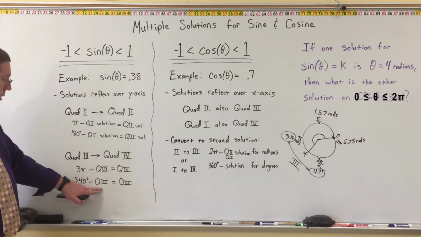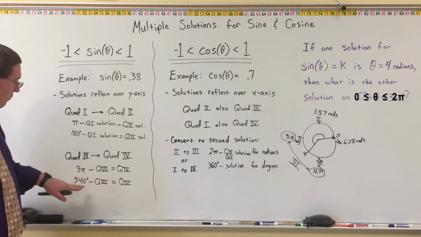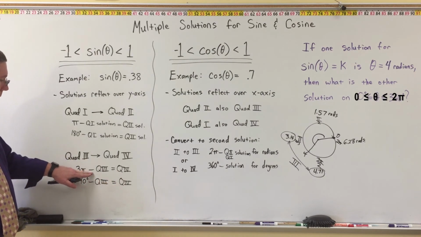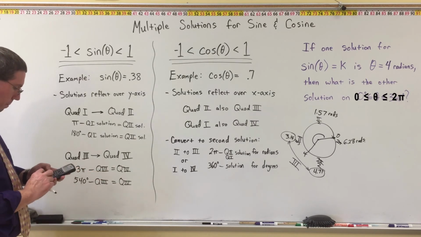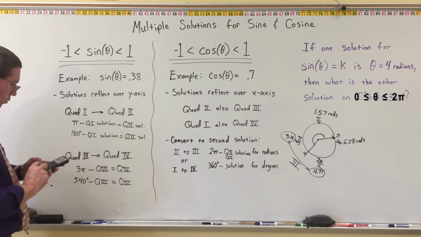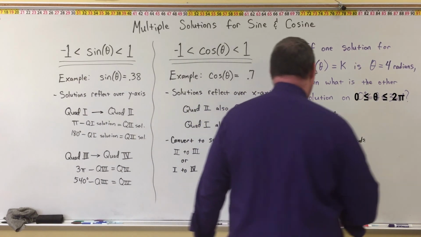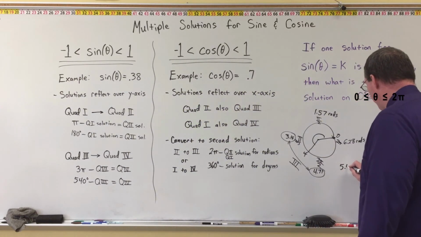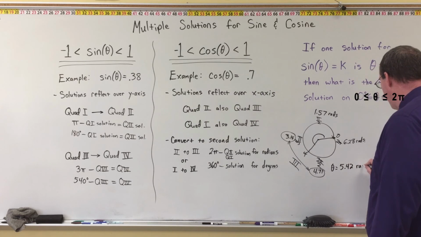It's in quadrant 3, so to get its other one, which is going to be in quadrant 4, we have to do 3 pi minus 4, which is the quadrant 3 angle. Well, 3 pi is 9.42 radians, so if we subtract 4 from that, we get 5.42 radians. So theta equals 5.42 radians.